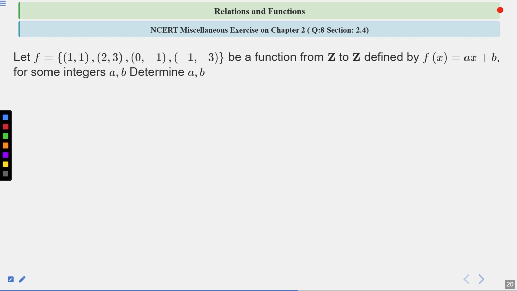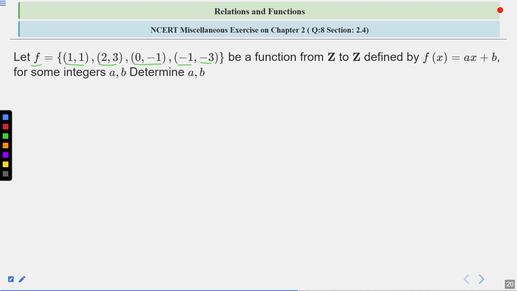This question. The function f is given in roster form. So you have 4 ordered pairs: (1, 1), (2, 3), (0, -1) and (-1, -3). This is your function.